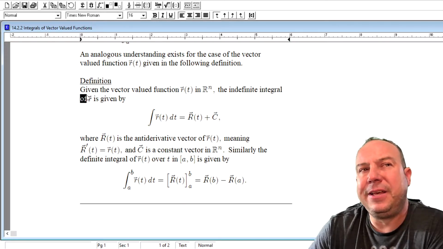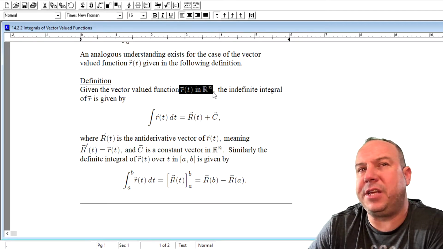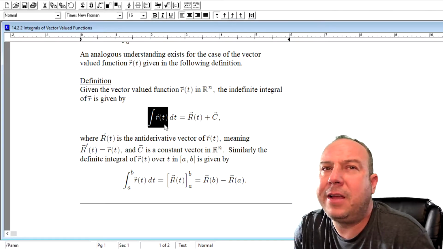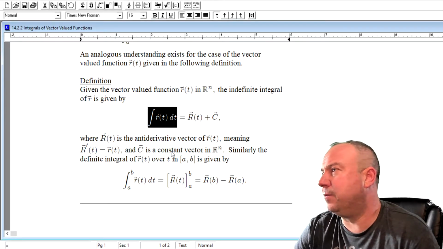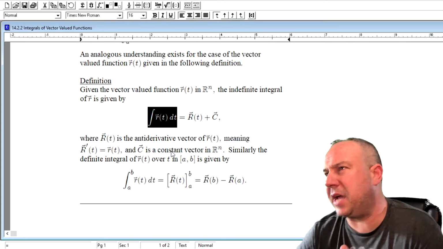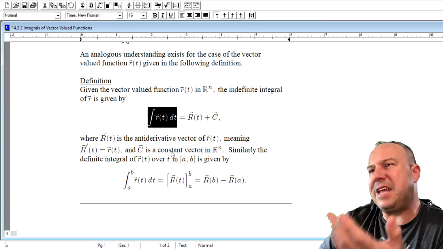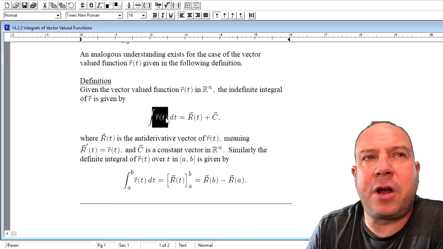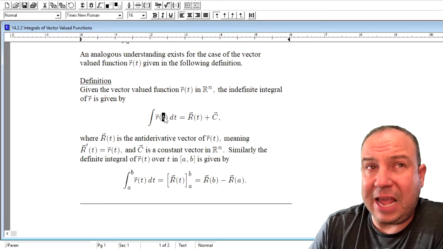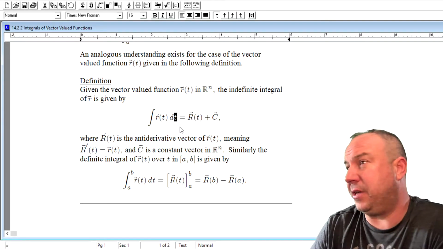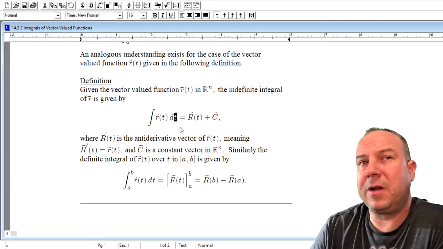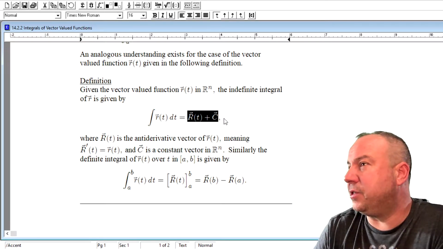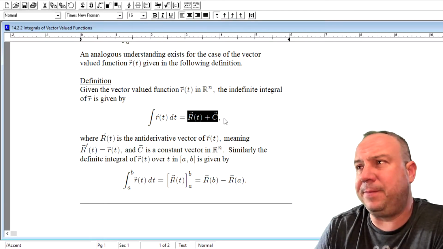Given the vector-valued function r bar of t in some n-dimensional space, the indefinite integral of r bar is given by this statement here, where we're just applying the indefinite integral operator to our vector-valued function r bar of t, with respect to the parameter t. Now the result of that is going to be a family of solutions, which is what we see on the right-hand side.